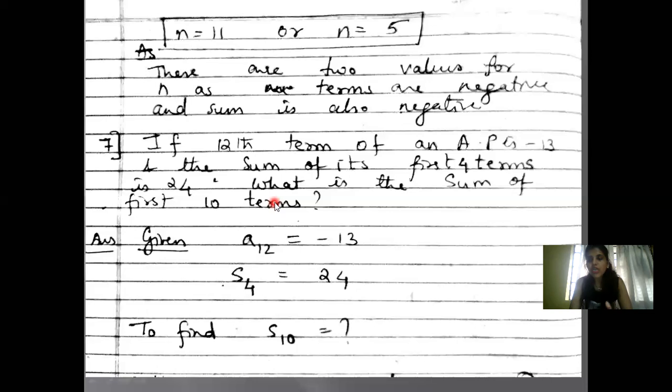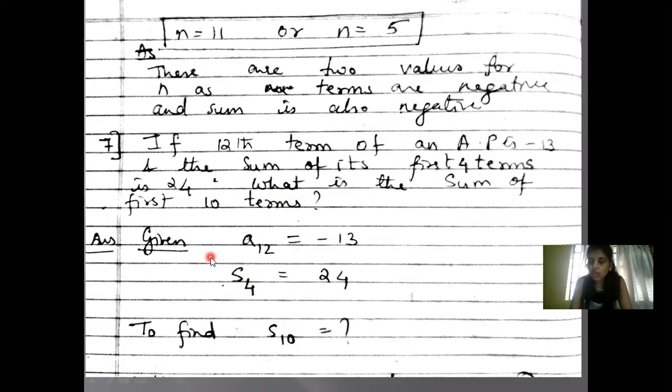So you have to figure out from the question itself that you will be getting two equations. Because the 12th term value is minus 13, you will be writing a12 is equal to minus 13. You can write a12 as a plus 11d, so you will get one equation from there. You have been given the sum of the first four terms, that means S4 is given to you, so you will be getting one equation from here also.